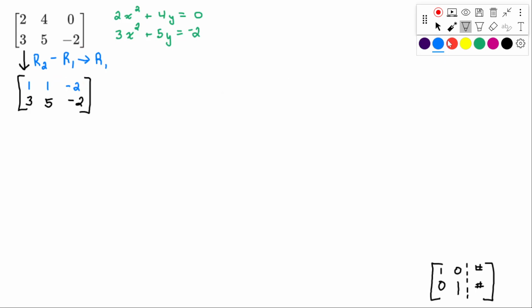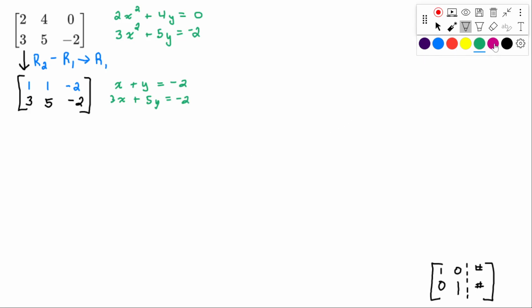So now the system that's being represented is x plus y equals -2 and 3x plus 5y equals -2.